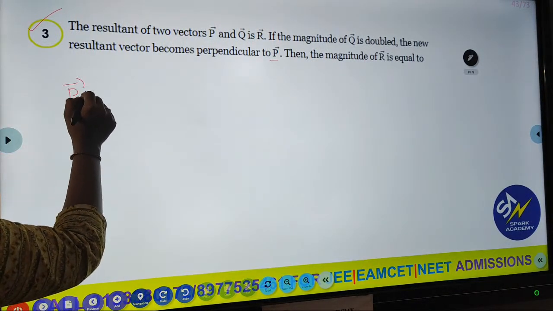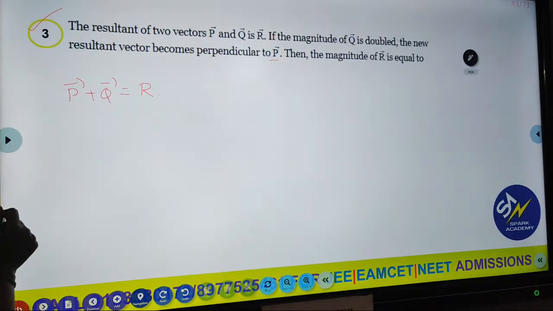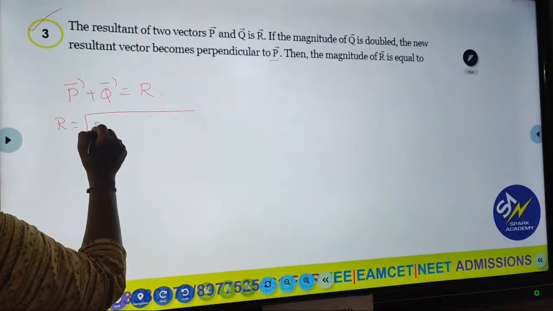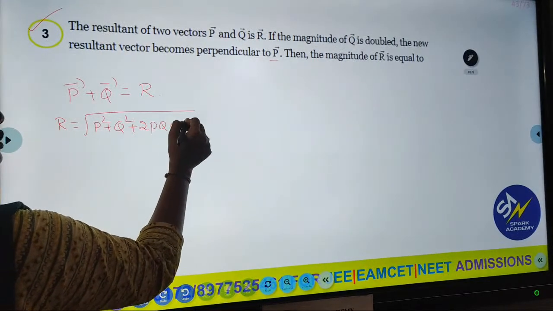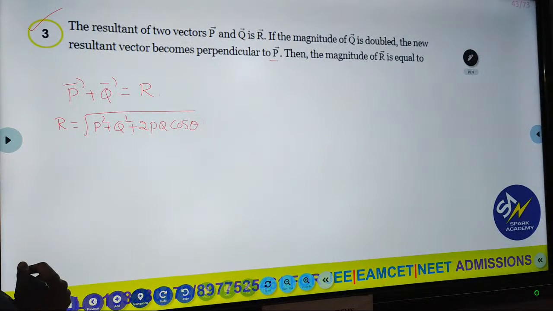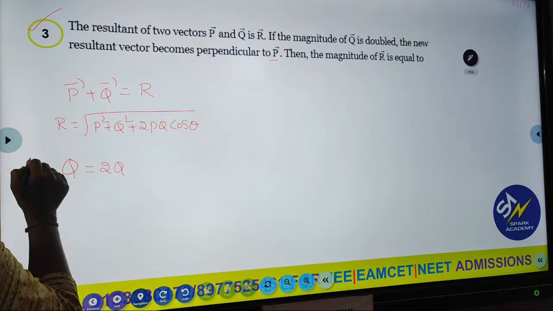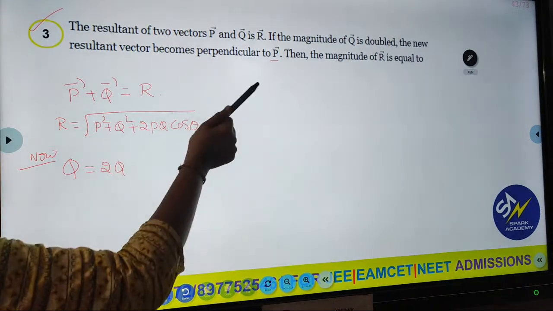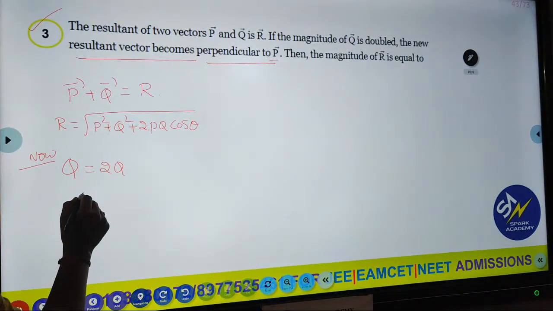So the resultant of two vectors P bar plus Q bar is equal to R. Then we can take the resultant formula, under root of P square plus Q square plus 2PQ cos theta. And next they are saying if the magnitude of Q is doubled, so Q is equal to 2Q. Now we are substituting Q is equal to 2Q.